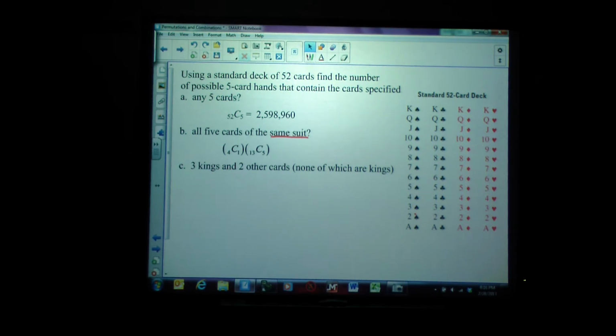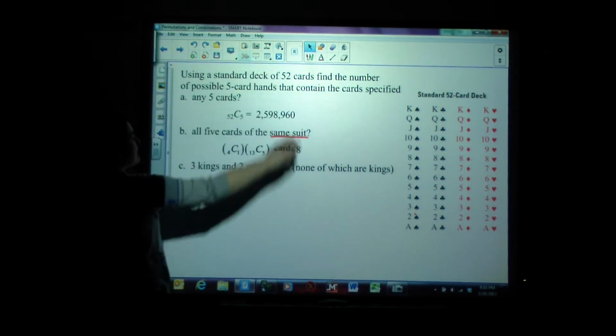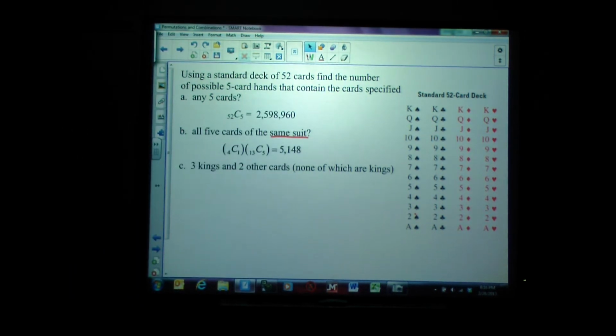So 4 combinations of 1 chose a suit, and 13 combinations of 5 told me how many ways I could be dealt 5 of those 13 cards. If we multiply those out correctly, you should find that there are 5,148 different hands available.